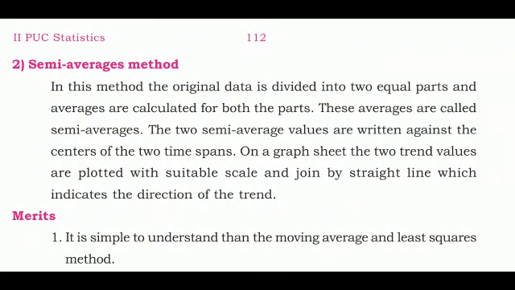In this method, the original data is divided into two equal parts, and the averages are calculated for both parts. These averages are called semi-averages. The two semi-average values are written against the centers of the two time spans. Then on the graph sheet, the two trend values are plotted with a suitable scale and joined by a straight line, which indicates the direction of the trend. You will understand best when we solve an example.